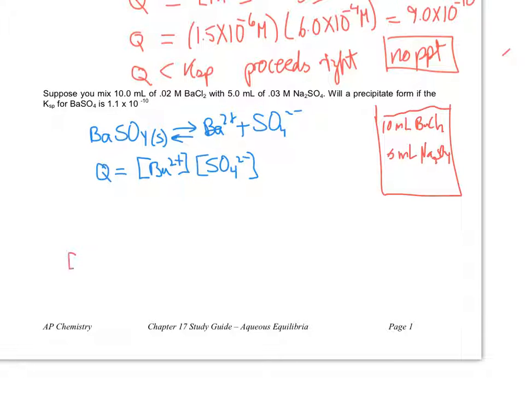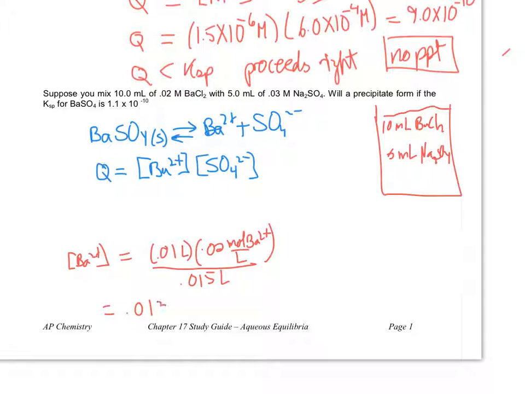If I want the concentration of the Ba2+, I would say, well, I have 10 milliliters, so 0.01 liters times 0.02 moles per liter of Ba2+, and then I would divide that by 0.015 liters. And that gives me 0.0133 molar of the Ba2+.